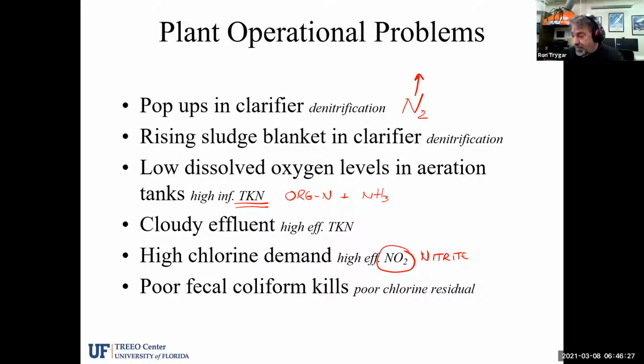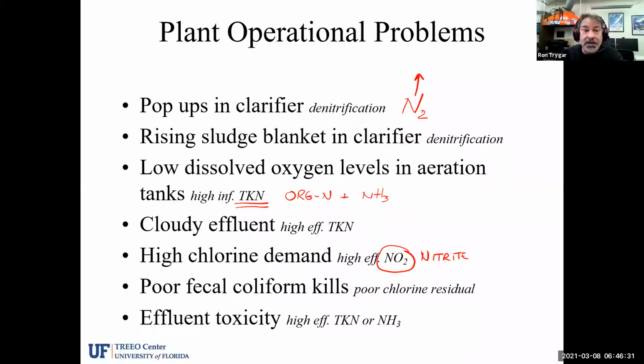And then lastly, if we have problems with ammonia and nitrite leaving the treatment plant, we could certainly have effluent toxicity. Effluent toxicity, or what we sometimes refer to as a bioassay test, is also known as a whole effluent toxicity test. That's when we take some of our effluent water and see how many organisms can grow in it.